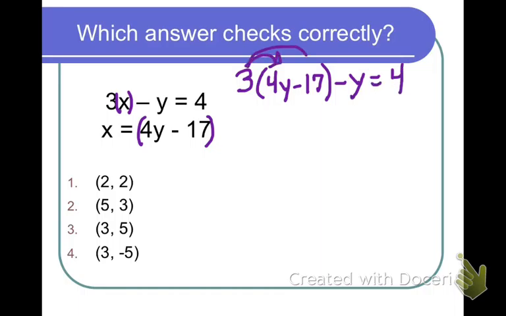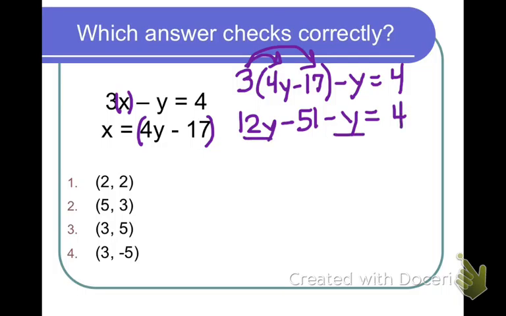Use the distributive property. So 12y, I need to do a little math here, minus 51 minus y equals 4.